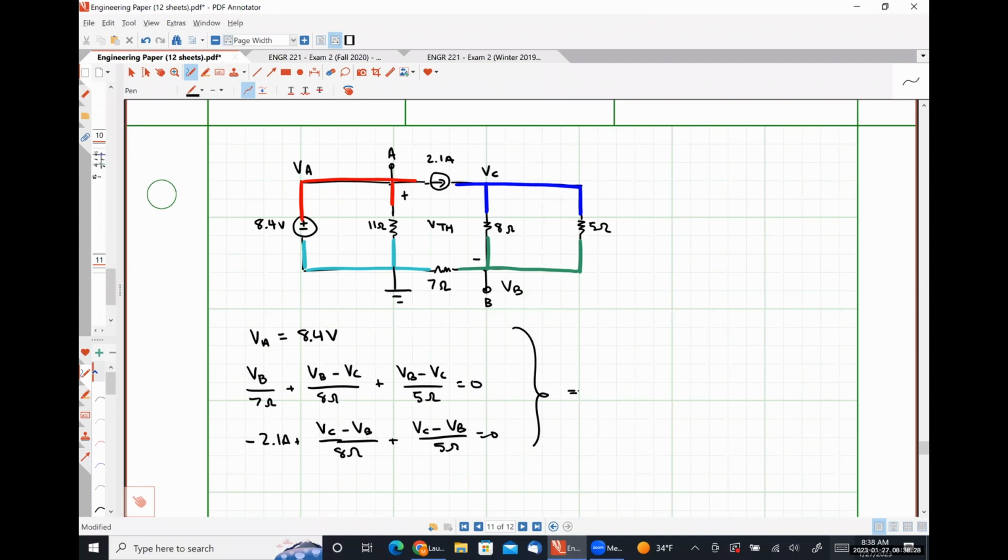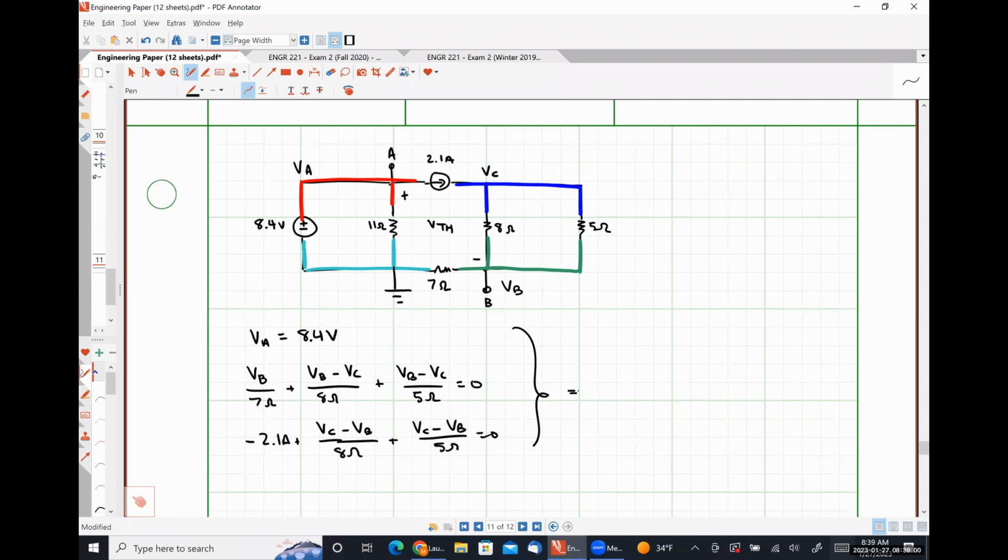All right, so my coefficient for VA is 0. VB: 1/7 plus 1/8 plus 1/5. VC: -1/8 minus 1/5. Constant term is 0.